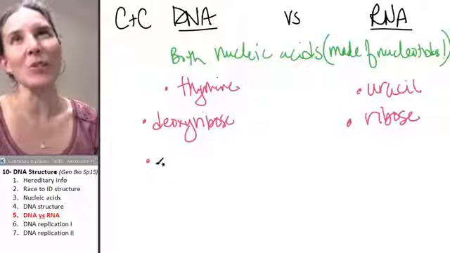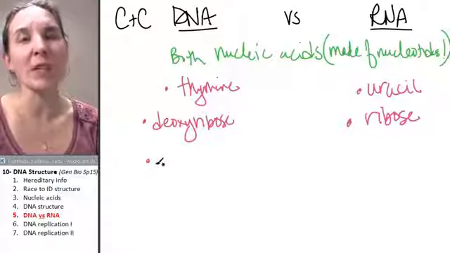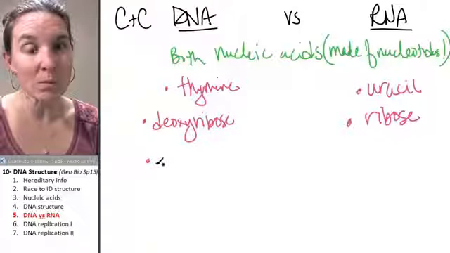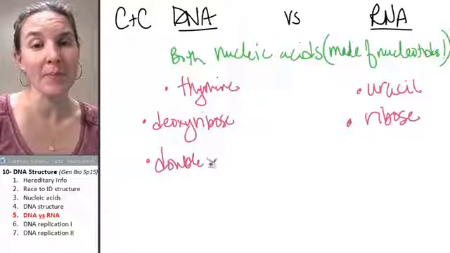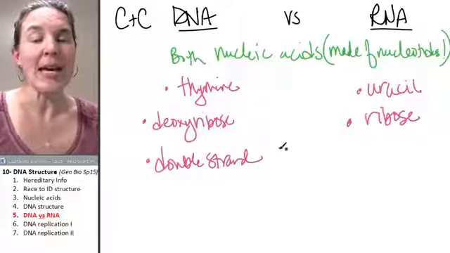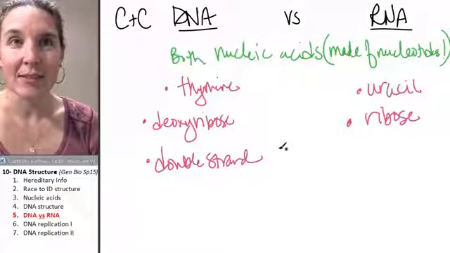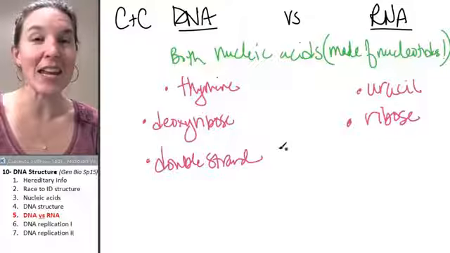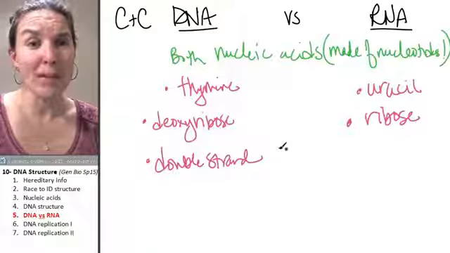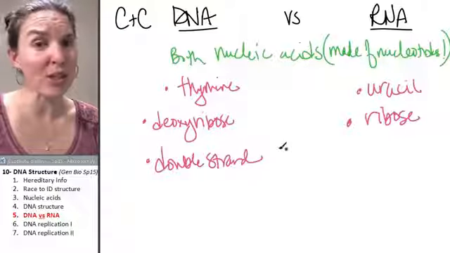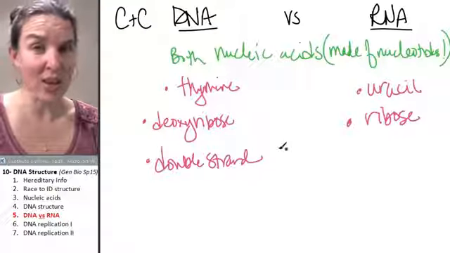The other thing, this one's a little bit tricky. Normally, familiarly, DNA comes in a double strand. I was about to say DNA never comes in a single strand, but you can split it apart from its other strand and then do stuff with it.